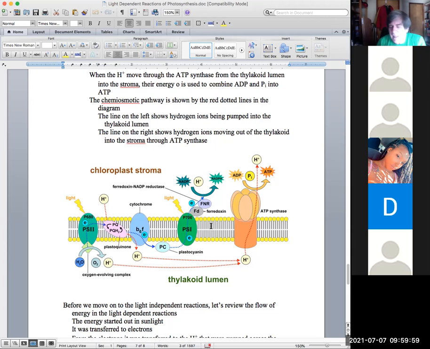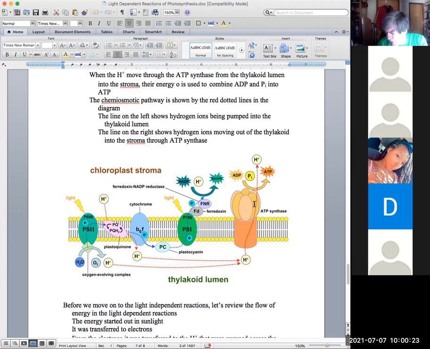This membrane is impermeable to hydrogen ions. So they can't get from the lumen to the stroma. So this means that the pressure is building up in the lumen. This thylakoid won't let the hydrogen out, and the hydrogen is kind of pushing on the membrane. It's trying to get out.